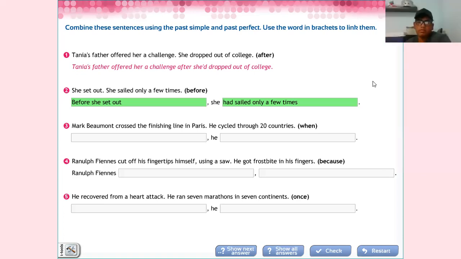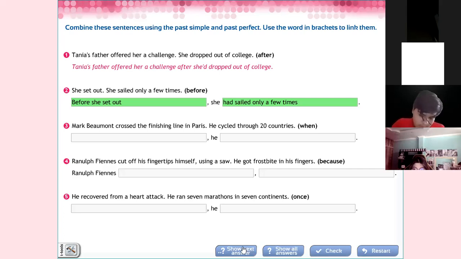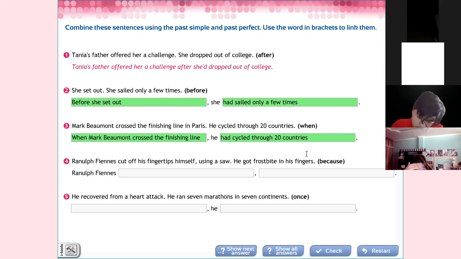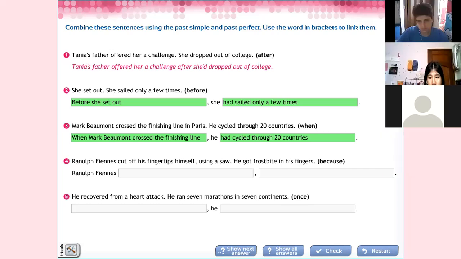Cycled through 20 countries. When Mark crossed the finish line, you have to join. Look, when Mark Wilmont crossed the finishing line, he had cycled, no? Through 20 countries. Had cycled. Okay?